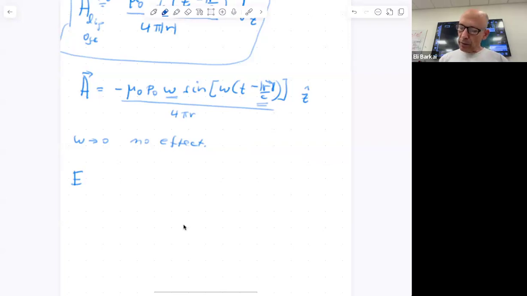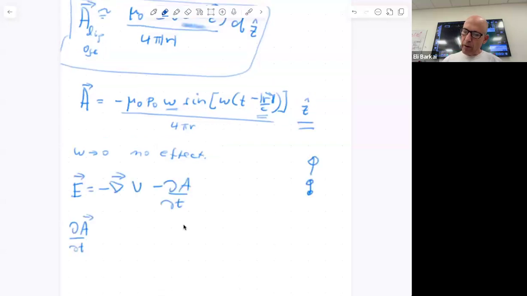The electric field, I want to start with the calculation of dA dt. What is the direction of dA dt? It's in the direction of z. So we have the dipole, and it's up. So this is the dipole, the current. A is going in this direction.